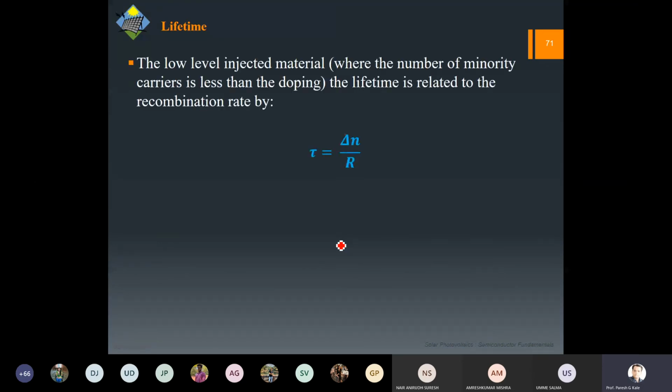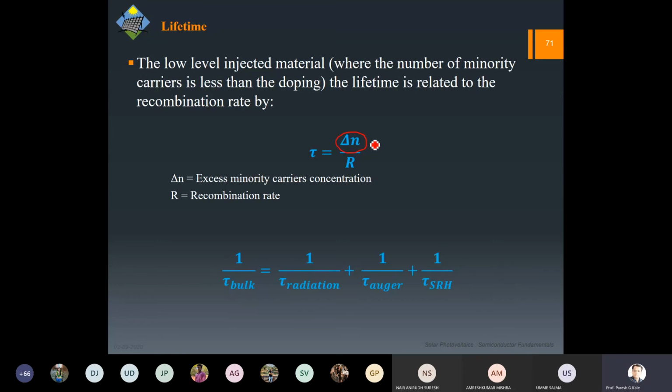Now suppose the doping is so high that it annihilates these holes, then obviously the lifetime is going to decrease. So we should understand that this delta n should be quite high, such that the difference always remains, the recombination rate is low and the lifetime is high. So the difference in the minority carrier concentration should always be high.